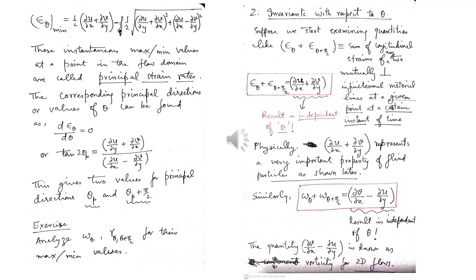So the maximum minimum values for these two quantities, the rotation rate of an infinitesimal material line omega theta and the shear between two infinitesimal mutually perpendicular material lines oriented at theta.